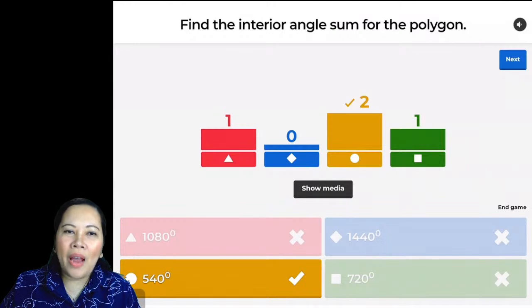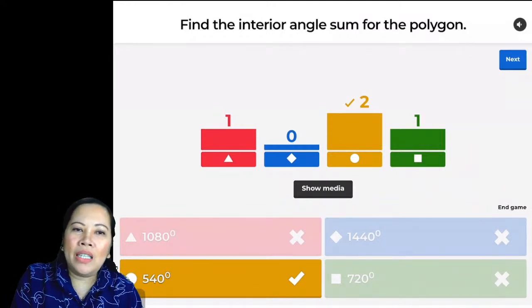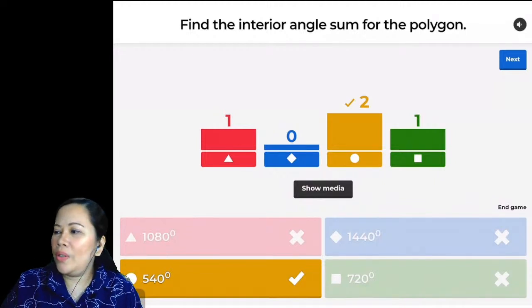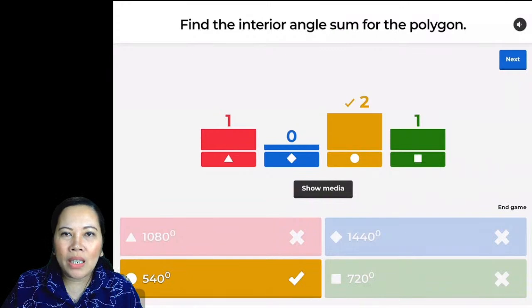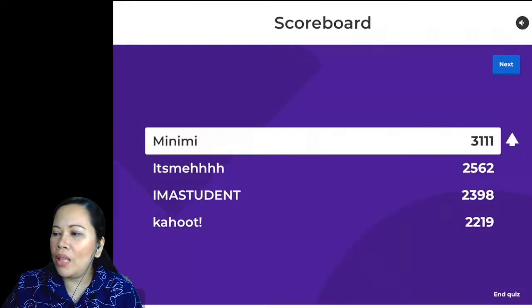Yes, that is correct. It's 540. So it's a 5-sided, so that will be 5 minus 2, which is 3 times 180. Well done. Next one. Mini-Me is on the lead.